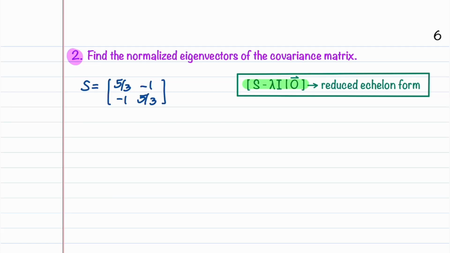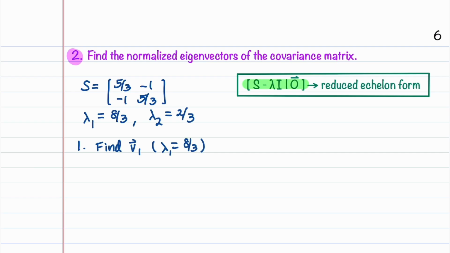And then let's write down λ1 and λ2. λ1 is 8/3, and λ2 is 2/3. Let's first find eigenvector V1, and this is going to correspond to λ1 equal to 8/3.